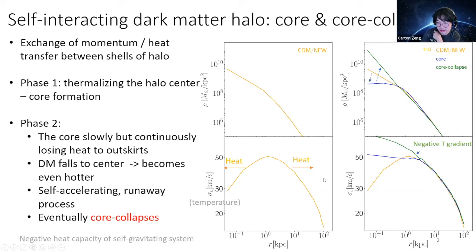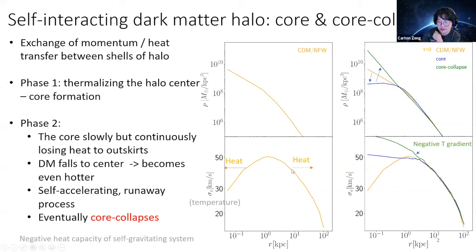But that's not the end of the story yet. There is also the second phase, which is induced by this slowly but continuously going heat outflow to the outskirts. This is because of the so-called negative heat capacity of the self-gravitating system.